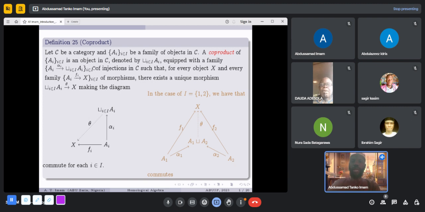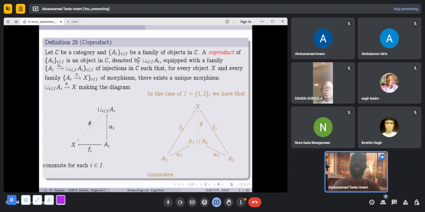Now, I'm not going to spend much time here because we have talked about the principle of duality. All we did there was to reverse arrows. So in the definition of product, if you reverse all arrows, you have coproducts. The only added requirement here is about the projections. You remember the projections were from the product into the A_i. Now, when you reverse arrows, it will be from A_i to the coproduct.